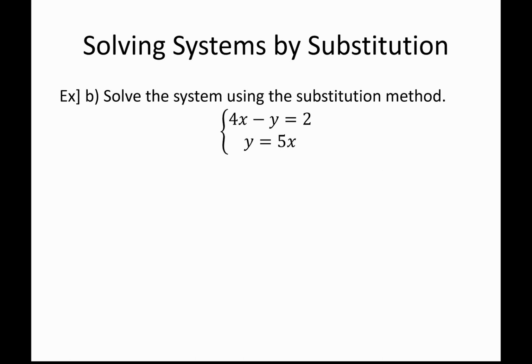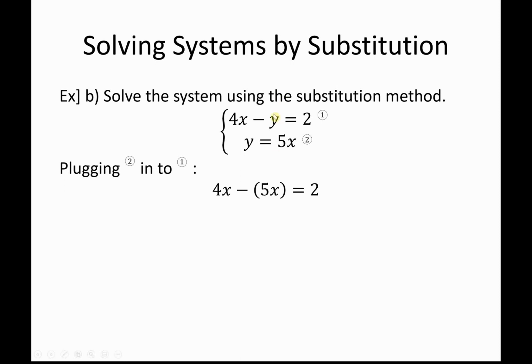Again, we'll use the substitution method. Notice that equation 2, as I've just now labeled it, is already solved for y. So this system is designed to have the solution be brought about by the substitution method. Okay, so plug equation 2 into equation 1, very similarly to the first example, and you'll get this.